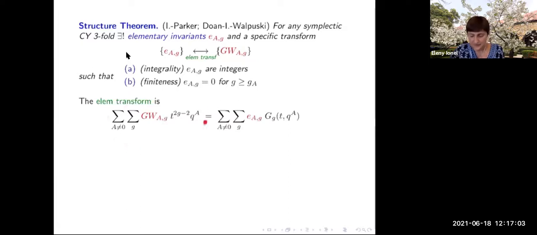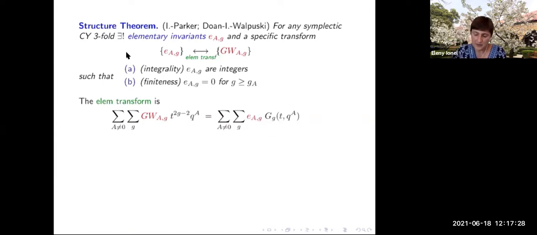The transformation looks very similar as before. You take the generating function of Gromov-Witten invariants, and it's a sum of these numbers times some other basis of power series. But the interpretation for this generating function G_g is not like before, where it was some sum of 1 over k times sine of kp over 2 to some power.